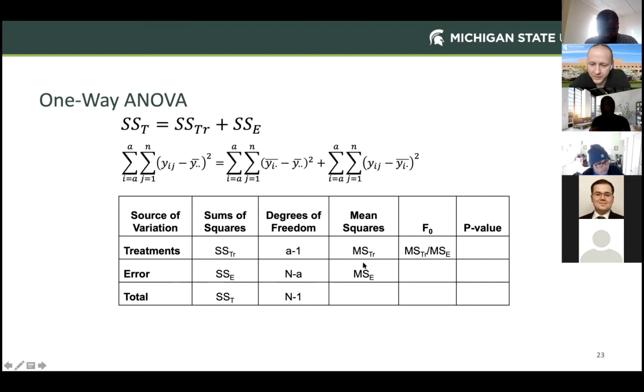We're partitioning that variance into two components: the mean square for the treatment, which is just SS treatment over A minus 1, and the mean square of our error, which is just SSE over N minus A. Then the ratio of those two estimates gives us an F statistic, which we compare against the same critical table we saw on the preceding slide, okay? In the case of this F test, we'd only be concerned with the top tail of that distribution, okay?